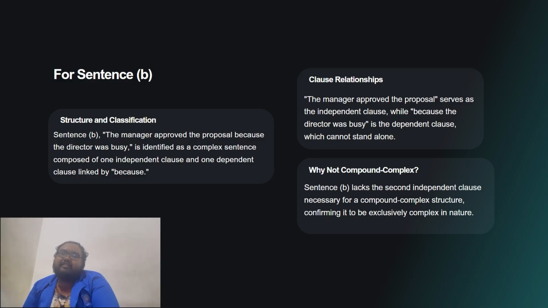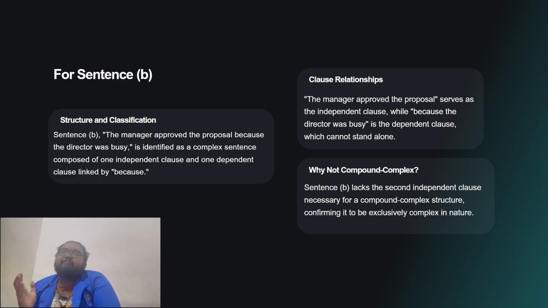For sentence B, structure and classification: sentence B, "the manager approved the proposal because the director was busy," is identified as a complex sentence composed of one independent clause and one dependent clause linked by "because."